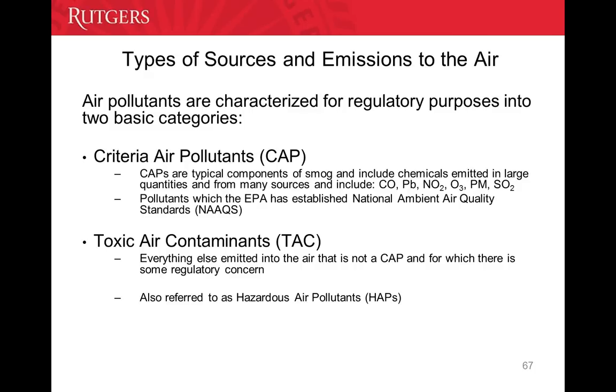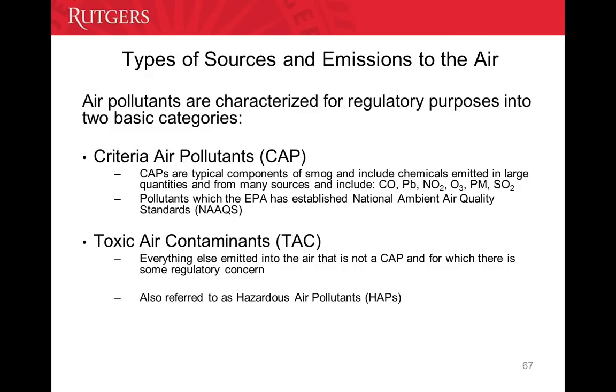So there are types and sources of emissions to the air. Air pollutants are categorized for regulatory purposes, and we have the criteria air pollutants, or we call them CAPs, and we have the toxic air contaminants. These criteria air pollutants are typically things that are in smog and chemicals that are emitted in large quantities like carbon monoxide and lead and ozone, particulate matter, and so on.